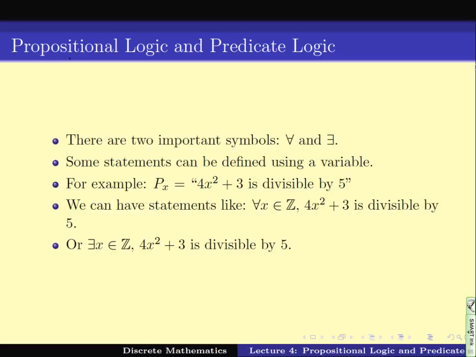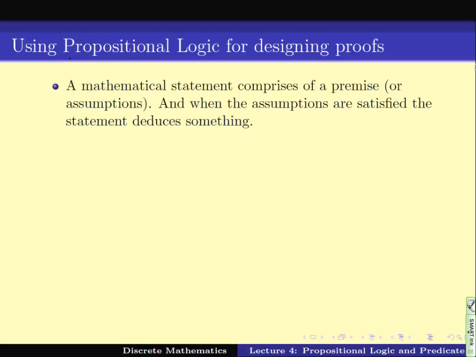Now that we have set up the propositional logic, the predicate logic, and how to check equivalence, we can use this framework to design mathematically correct proofs. So how do I design that? A mathematical statement comprises a premise and a deduction, like a theorem.